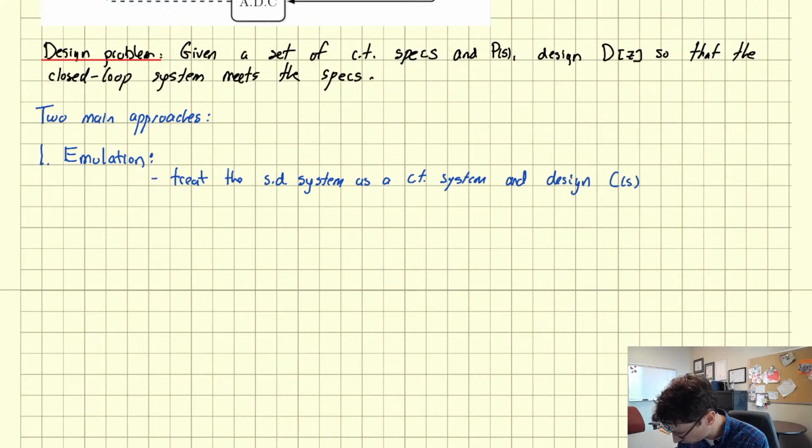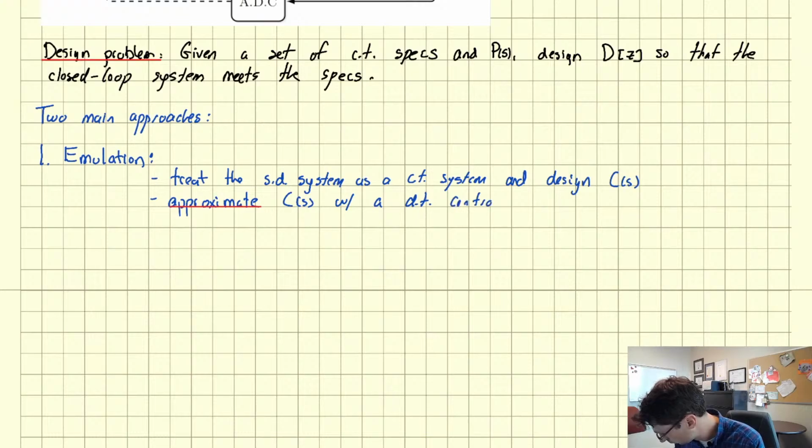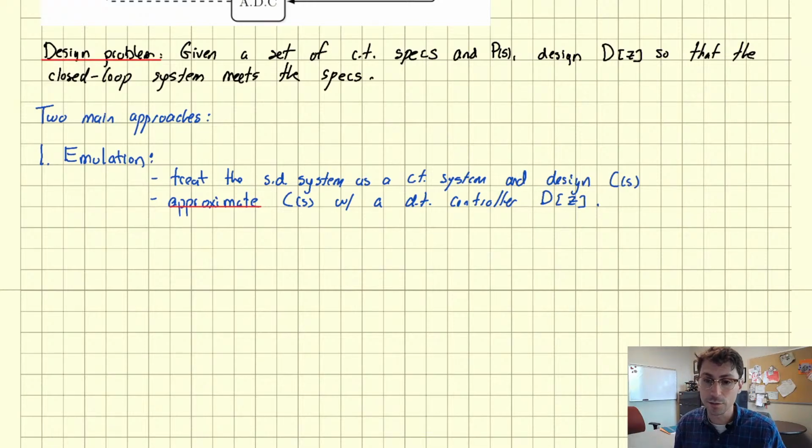And then you approximate C of S with a discrete time controller, D of Z. Okay. And I've got a minute left here. I'm almost done. The advantage of this is that it uses your known design techniques, right? All the stuff you've learned before, you just keep using it, and you just need to learn how to approximate.